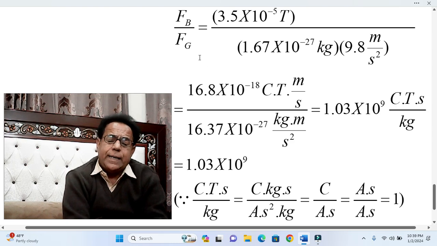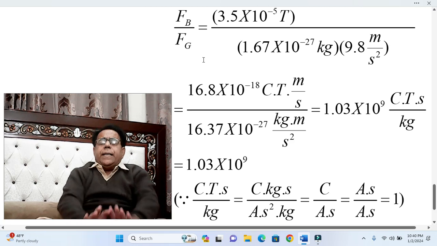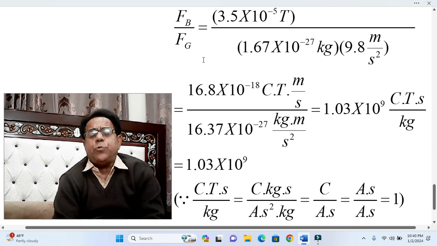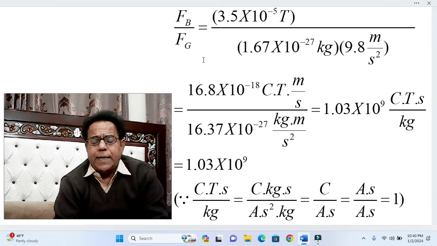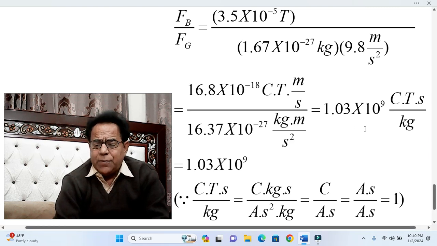As I have already said, this is the ratio of two forces, and whichever is the unit of FB is the same unit of FG. Newton over Newton, so this ratio will not have any unit, it will be just a number. But for our understanding we are going to decide how these four units convert into unity.